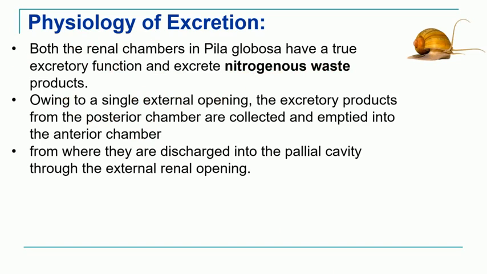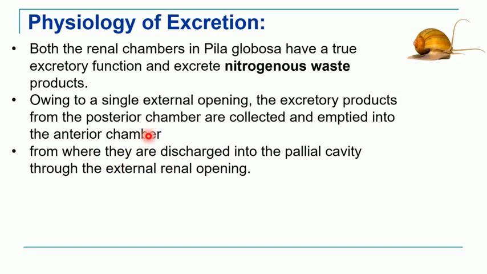Now through the richly supplied blood vessels to the posterior renal chamber, the blood carries the nitrogenous waste products, and these waste products are collected first by the posterior chamber, and then they are transferred to the anterior chamber.